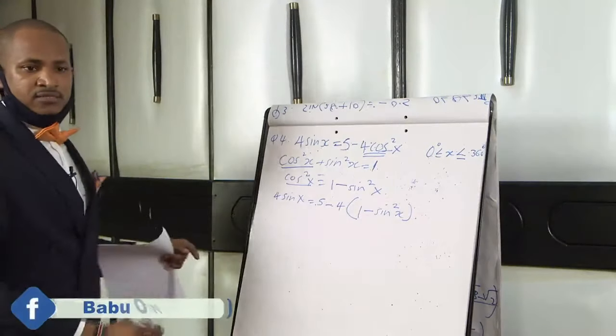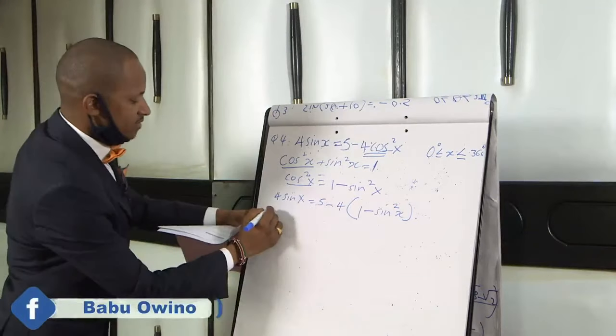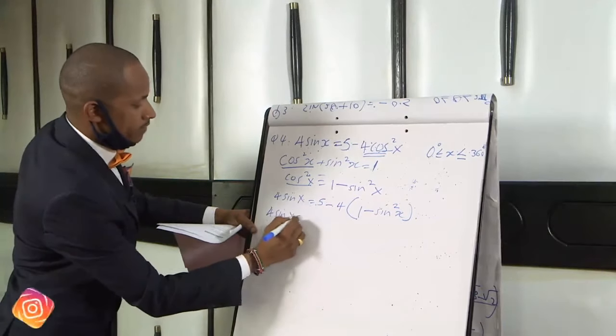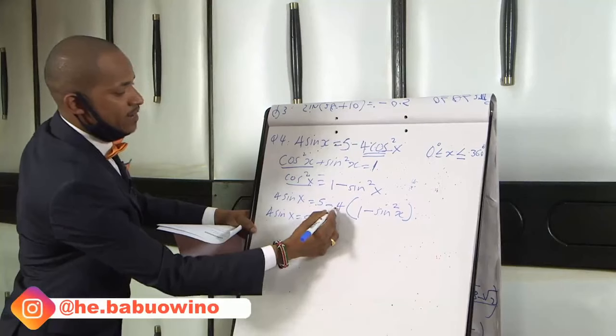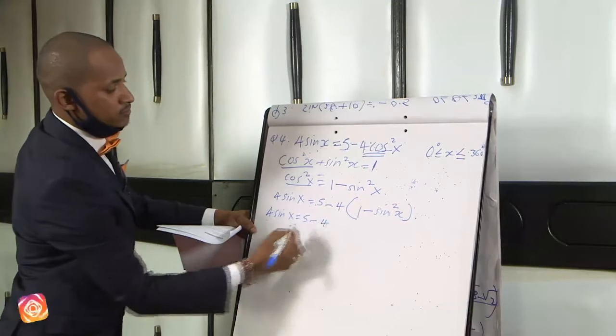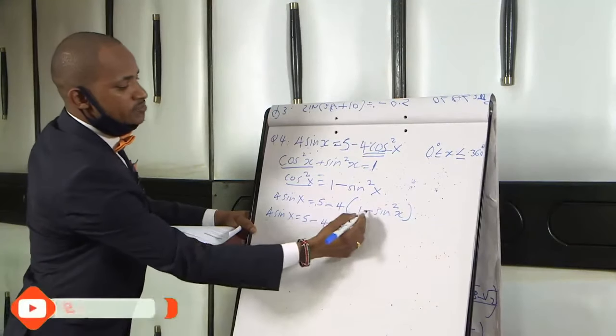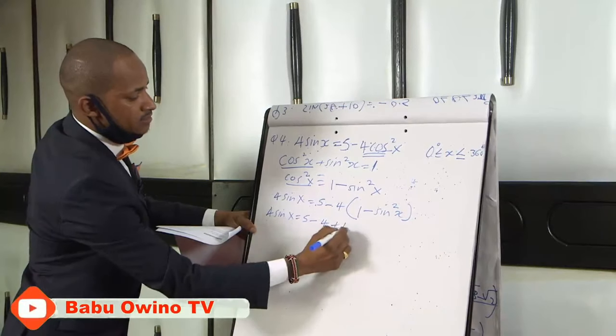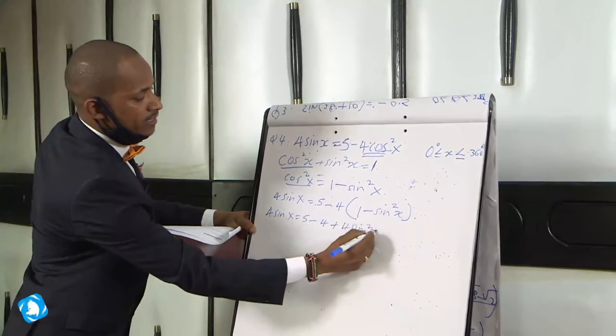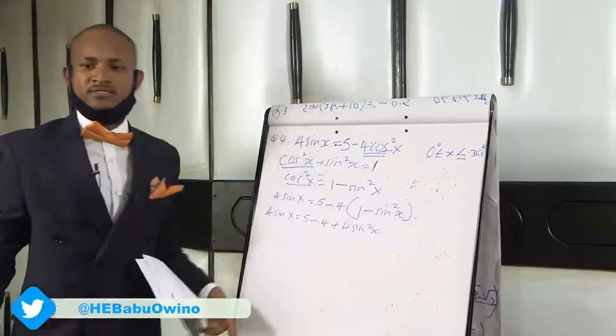Then we open the brackets, we expand it. That is 4 sine x equals 5 minus 4 times 1 is minus 4. Then minus 4 times minus sine squared x is plus 4 sine squared x. Remember I told you minus times minus is plus.